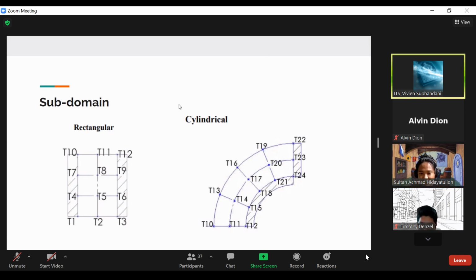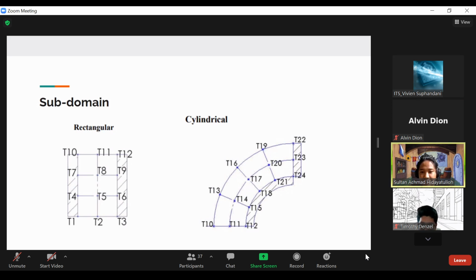And then we use the rectangular for finding the Q flux on node 11, and then we use the cylindrical coordinate at node 11 too for finding the Q flux too, ma'am.